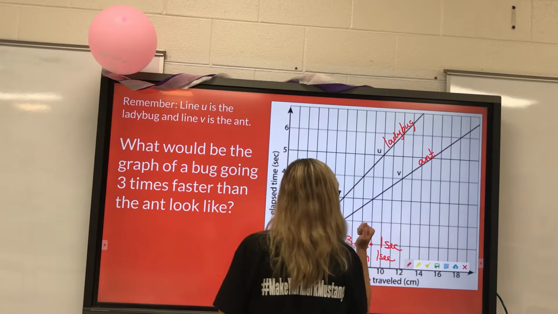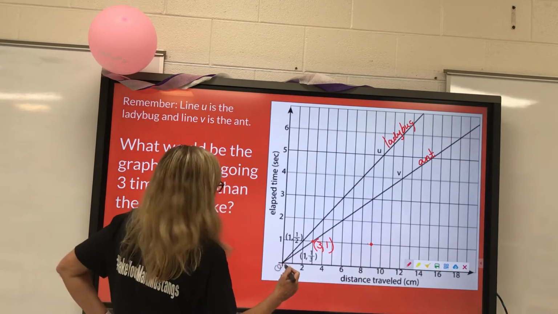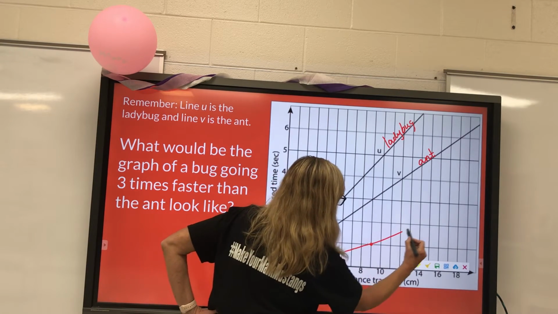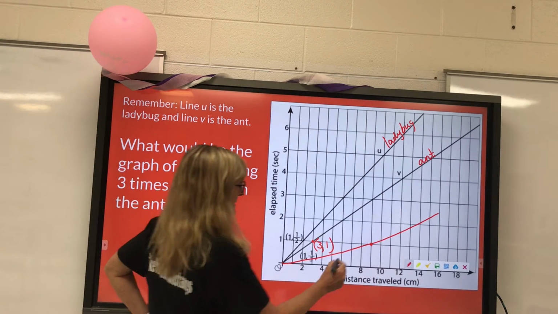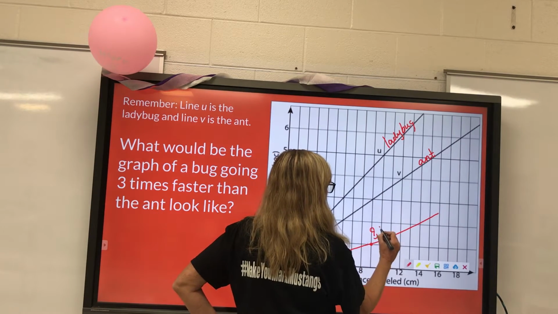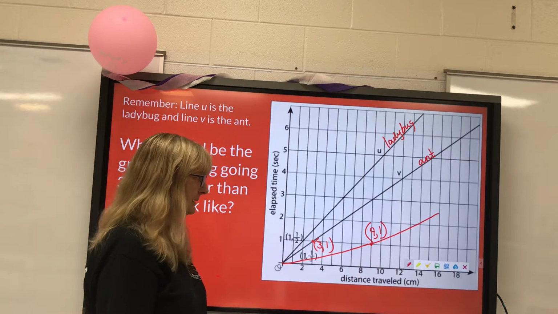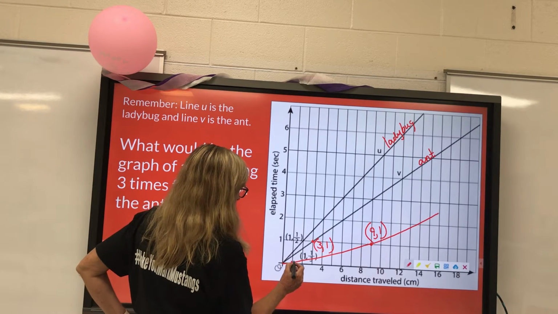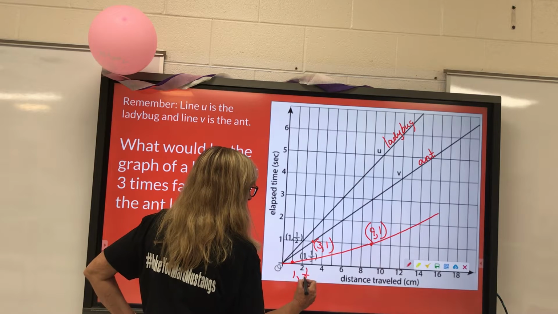I'm going to erase what I wrote here so I can do it. So they wanted me to graph it, so it's going to be down here. So this is 9, 1. So what is the COP for the new bug? 1/9. So this would be 1, 1/9.